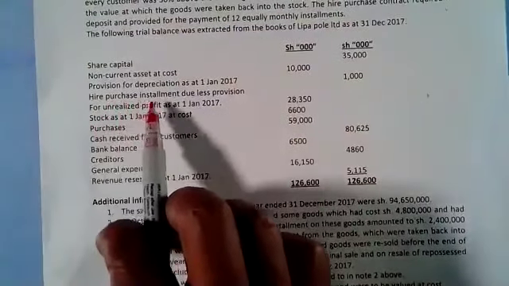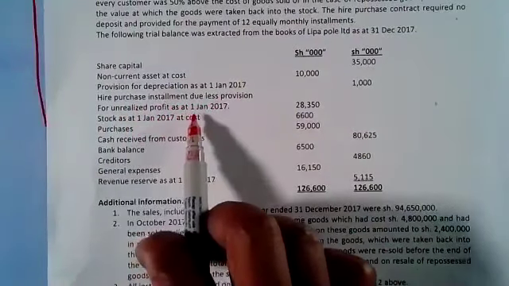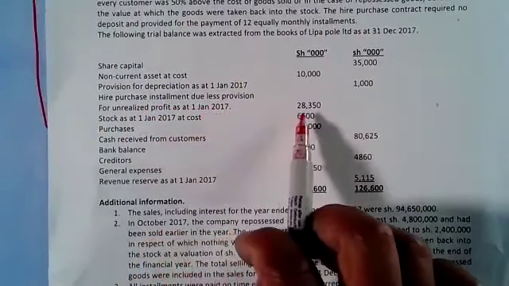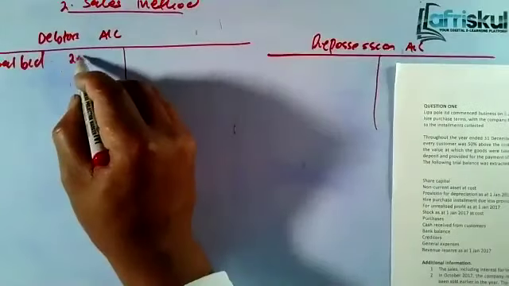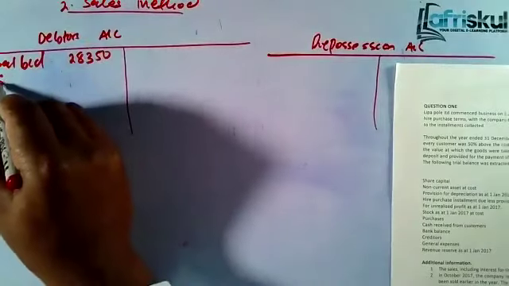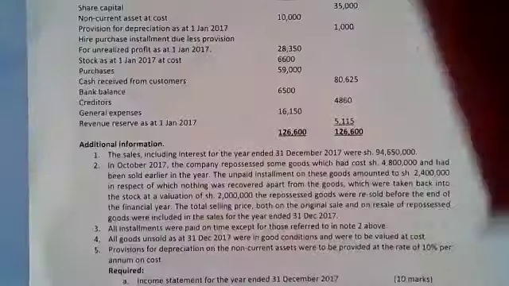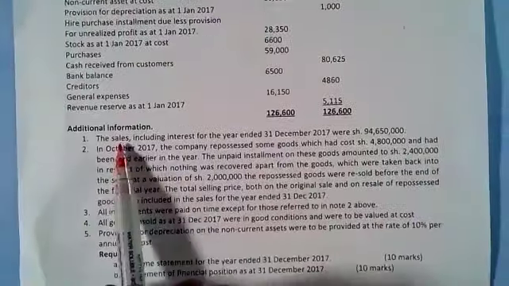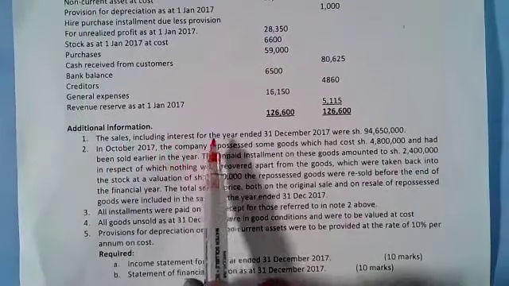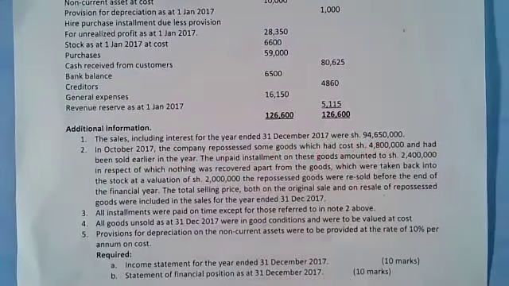The hire purchase installment due less provision for unrealized profit as at 1st January 2017 was 28,350. Then number 1 kulikuwa na sales. Note number 1, we are told that the sales including interest for the year ended 31st December 2017 were 94,650.